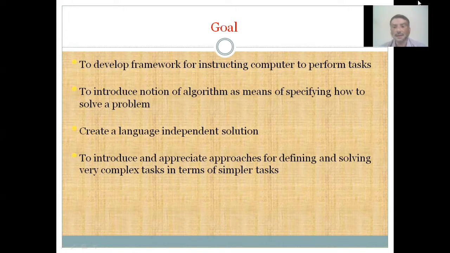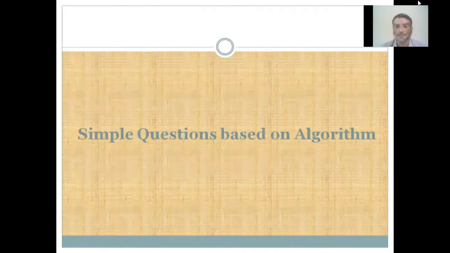It defines the steps and the nitty-gritties of a complex task, breaking it down into small and simpler steps. So let's take up some examples.